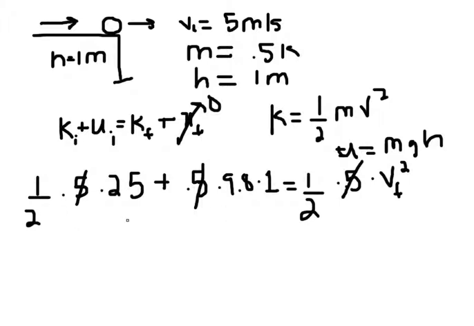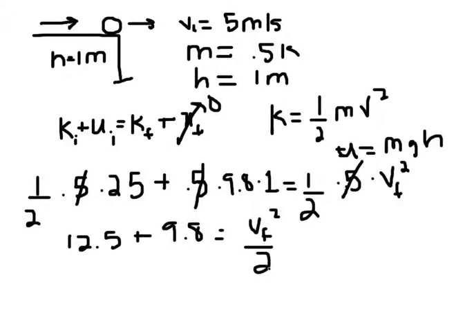So we have 25 divided by 2, so we have 12.5 plus 9.8, because 9.8 meters per second squared times 1 meter is 9.8 meters squared per second squared. And then this is equal to V final squared divided by 2.